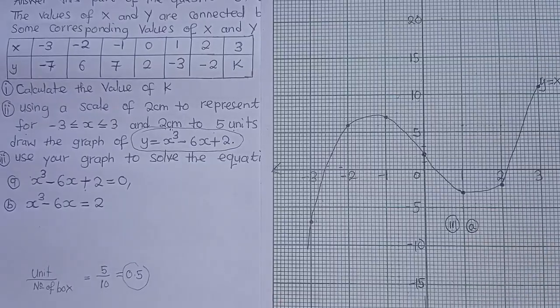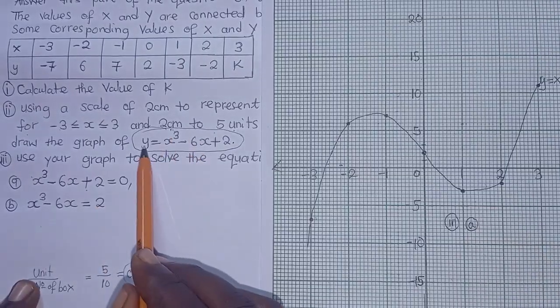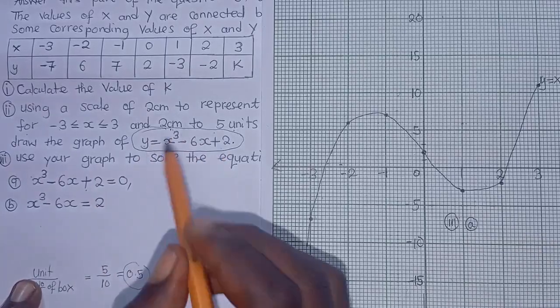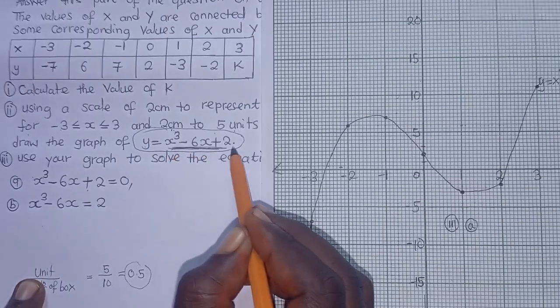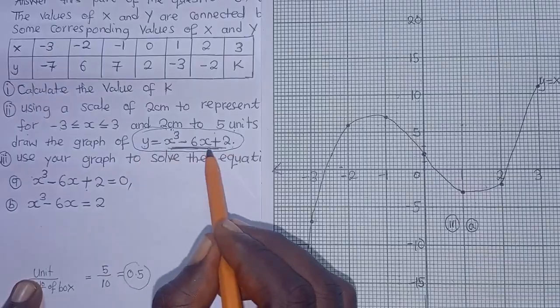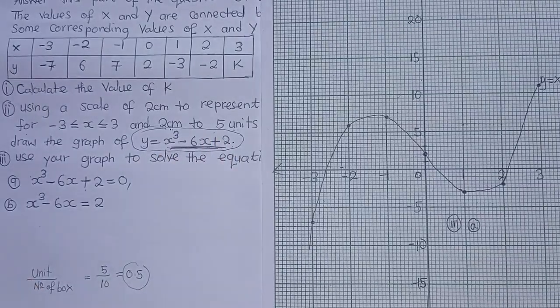If you look at this, y is equal to this, meaning that whenever you see x cubed minus 6x plus 2, that is y. Y and this expression are just the same.